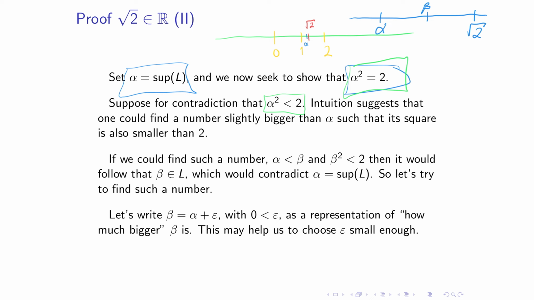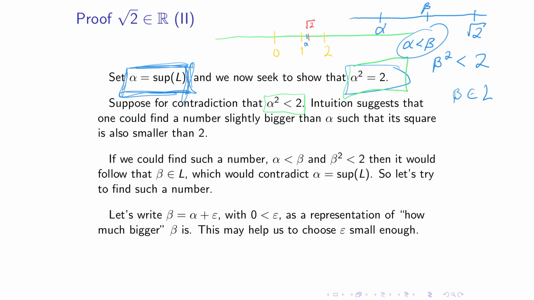And what this would mean for us is that, again, working somewhat on intuition here, beta squared should then be less than 2. But if we can find a beta that is bigger than alpha, and also beta squared is smaller than 2, this altogether would imply that beta is in the set L. But then, looking back at alpha, alpha is not an upper bound on the set L because there would be a number in L that is bigger.